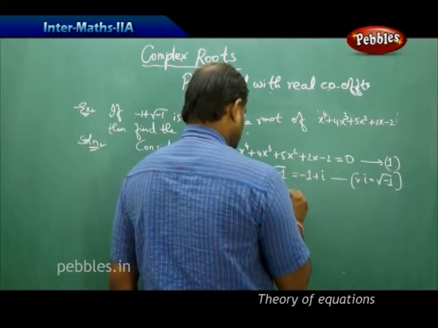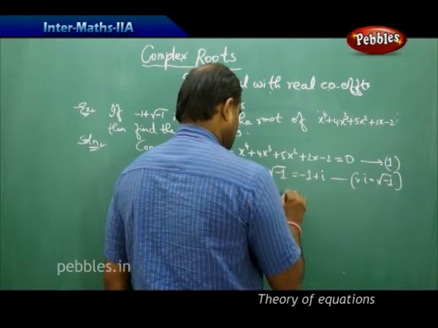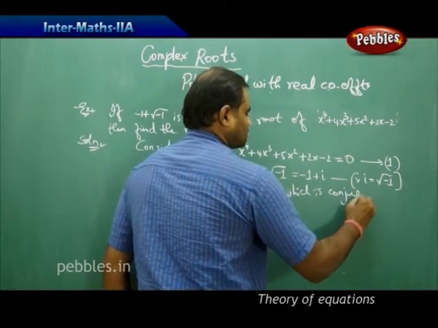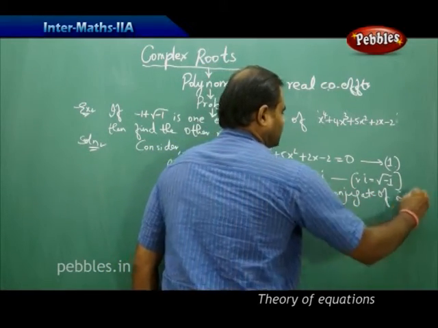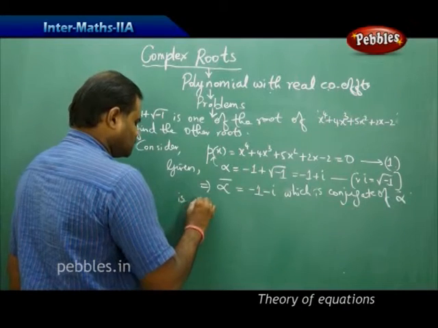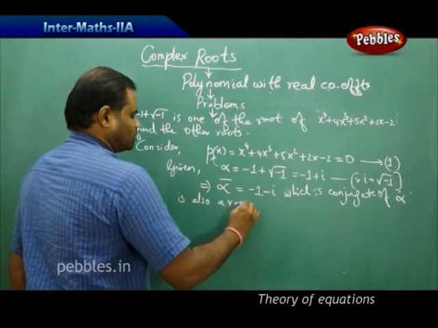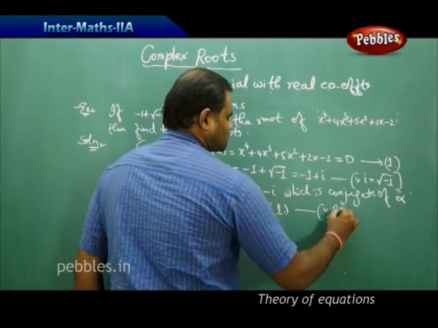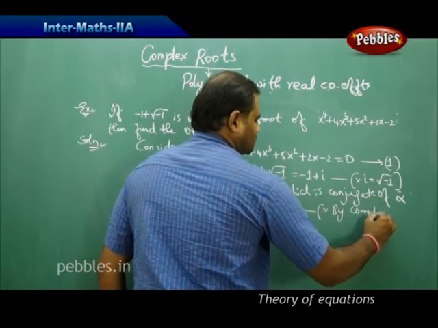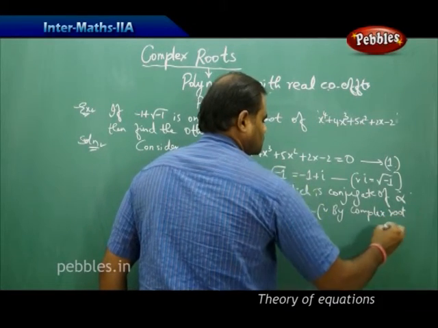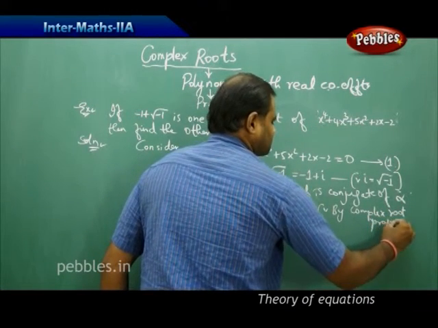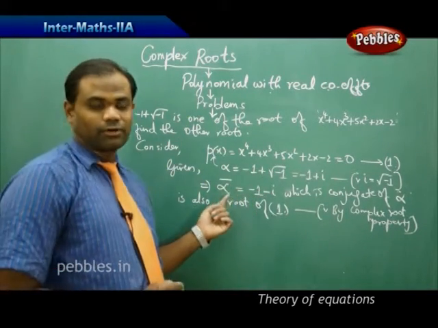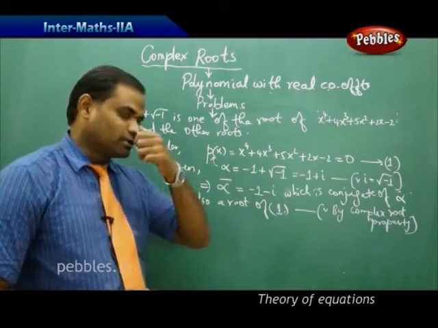That is what I get, which is the conjugate of alpha, and it is also a root of equation 1, since by the complex root property, alpha bar, or the conjugate of alpha, is also a root.